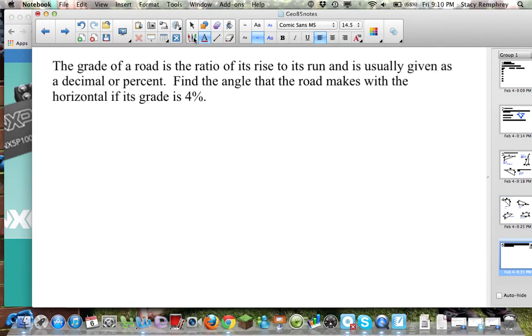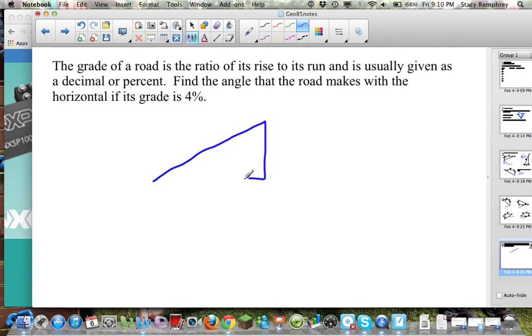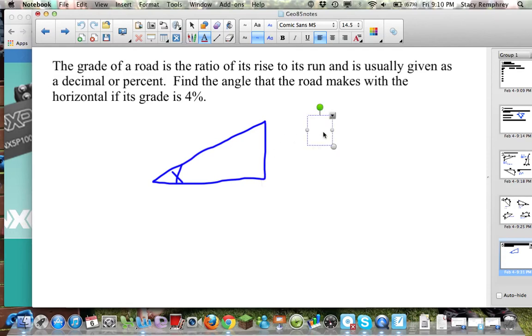For the last one, it talks about the grade of a road. It says the grade is 4%, and they want the angle the road makes with the horizontal. So they're looking for this angle. 4% can be expressed as a fraction as 4 over 100. You can reduce that if you choose, but it won't matter if you do or don't. And this equals the rise over the run. Well, my rise is here. Just like when you did slope, this would have been your rise.